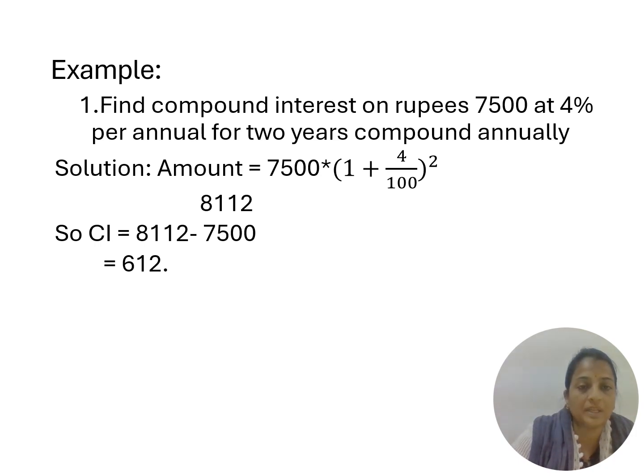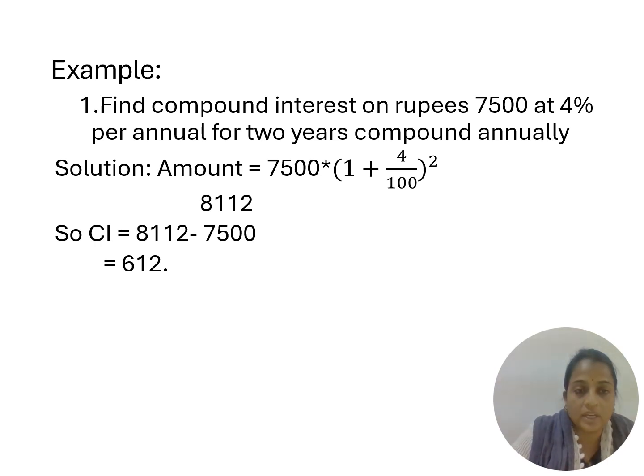So we write P as 7500, and the rate is given as 4% per annum, so we write 4 upon 100, and time is given as 2 years, so we write n is equal to 2 years.